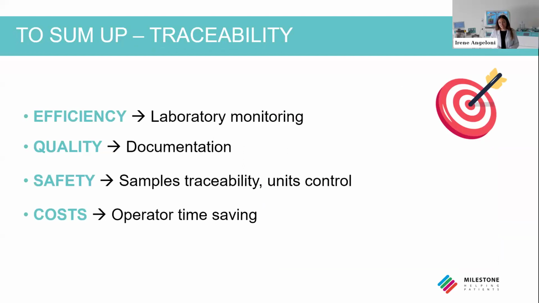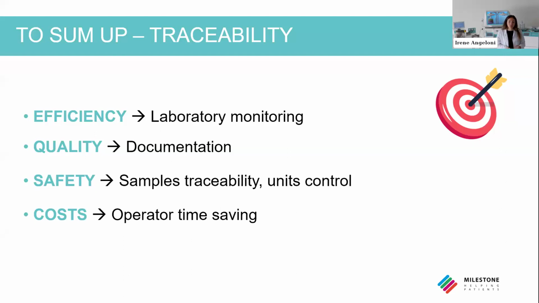To sum up, also the third point, we are almost at the end, traceability. If the laboratory wants to gain efficiency and implement a better workflow, it's important to have the correct tracking and monitoring system that can sustain this change, that can document all these steps, and also consider the safety of the samples in terms of traceability.